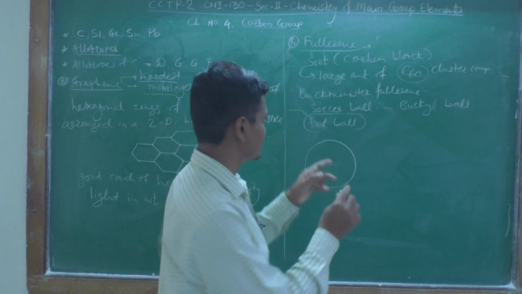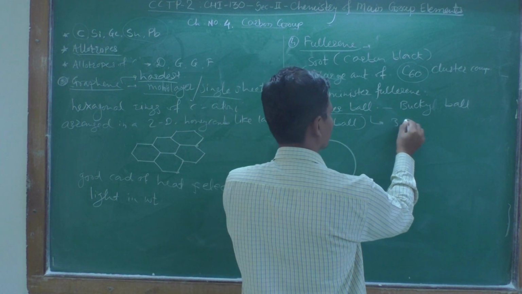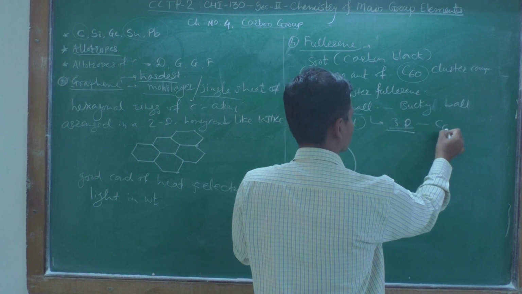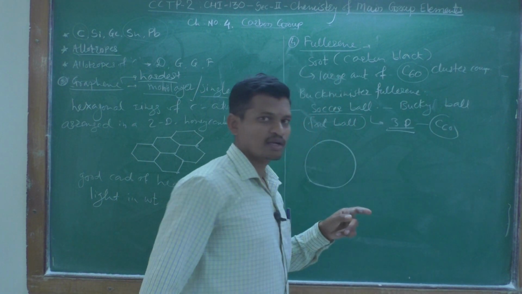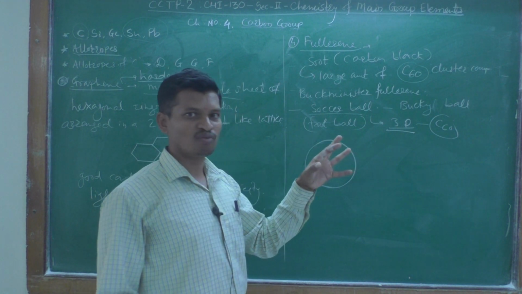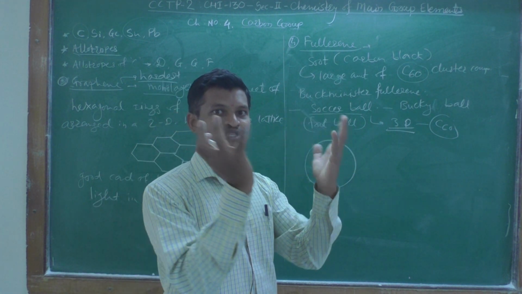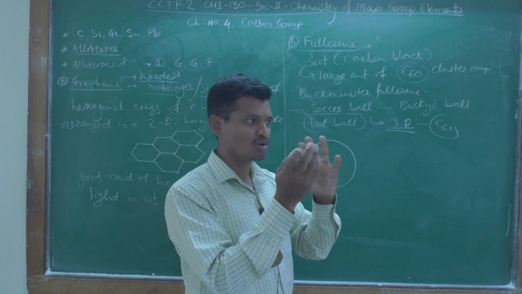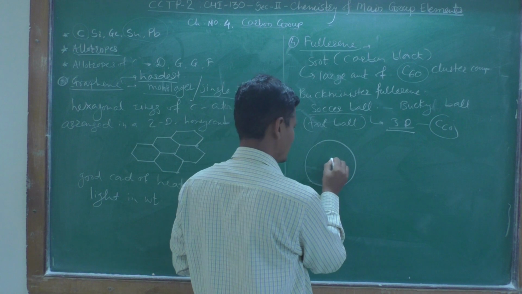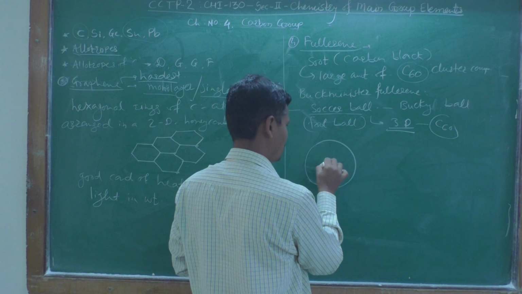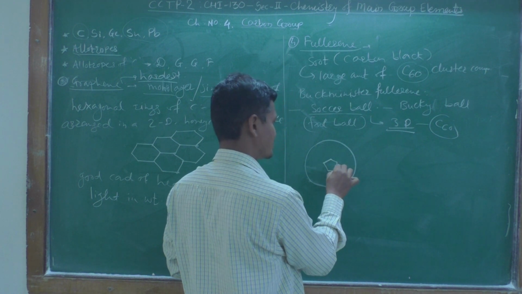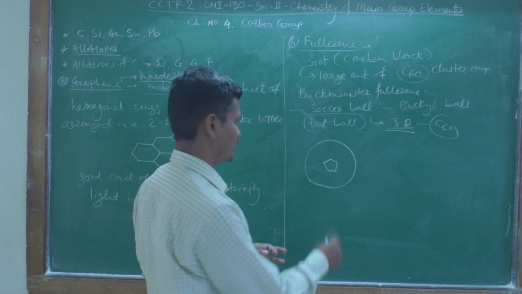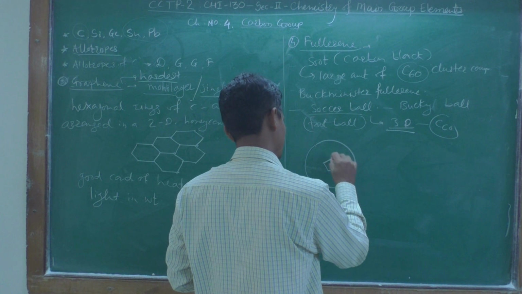It is three-dimensional. Mind well, this is a 3-dimensional cluster. C60 is a 3-dimensional cluster, and it is composed of 60 carbon atoms arranged over the surface of that soccer ball, just imagine like that, and they are made up of 5-membered and 6-membered carbon rings.